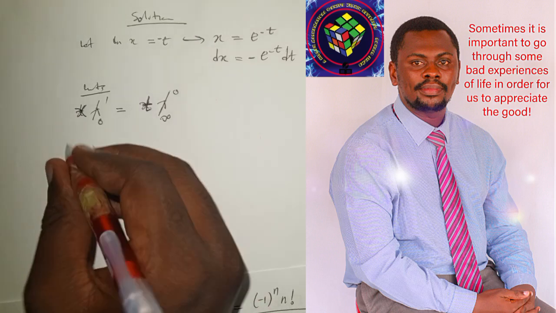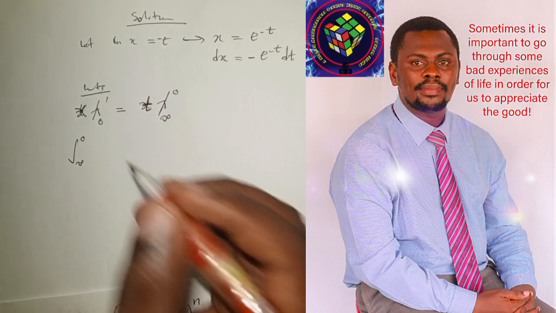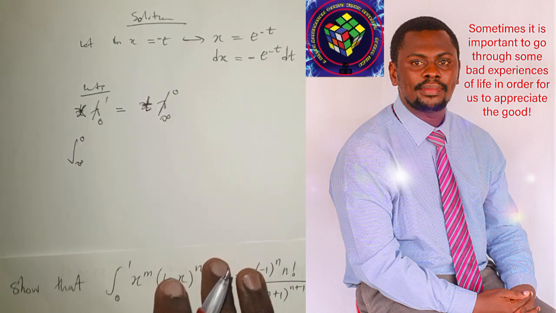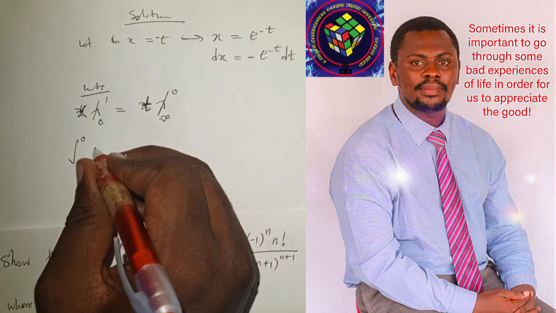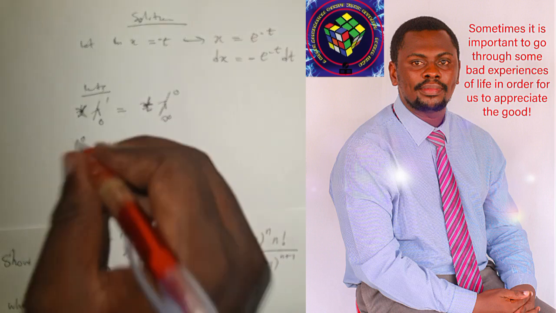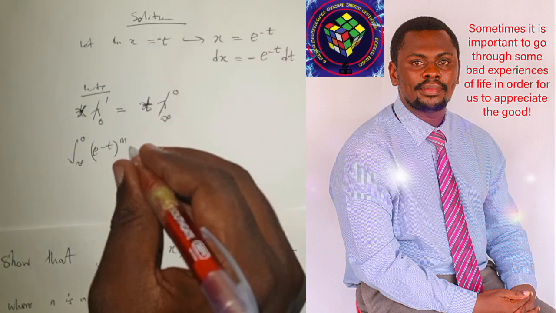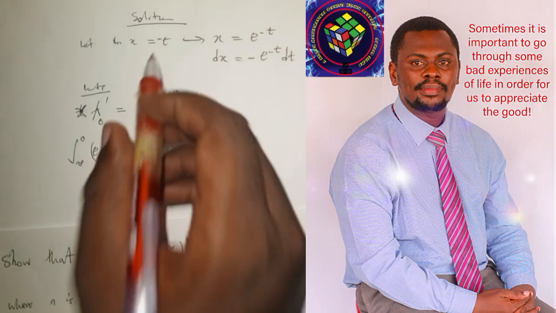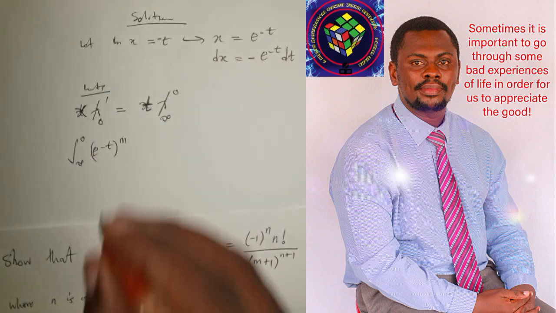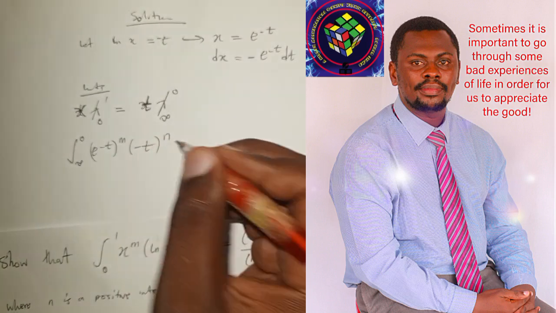Okay, so we have the integral from infinity to 0 of, where there is x, we put exponent of minus t. This is to the power m. Then where there is a natural log of x, you put minus t, so you have minus t there to the power n.